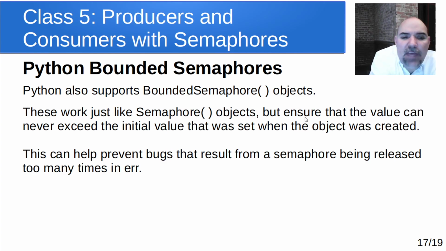And the main advantage of that is to help with bugs where you maybe release a semaphore too many times accidentally. So let's say we had our 5 concurrent users. You don't want somebody to accidentally write bad code that releases and then releases again. And then we have 7 when there should only be 5.